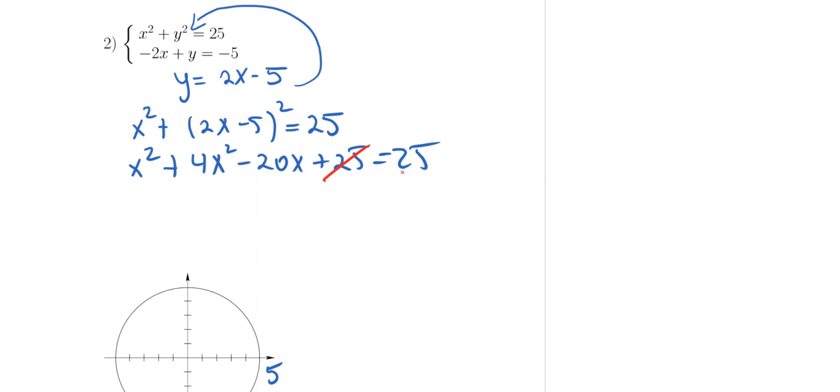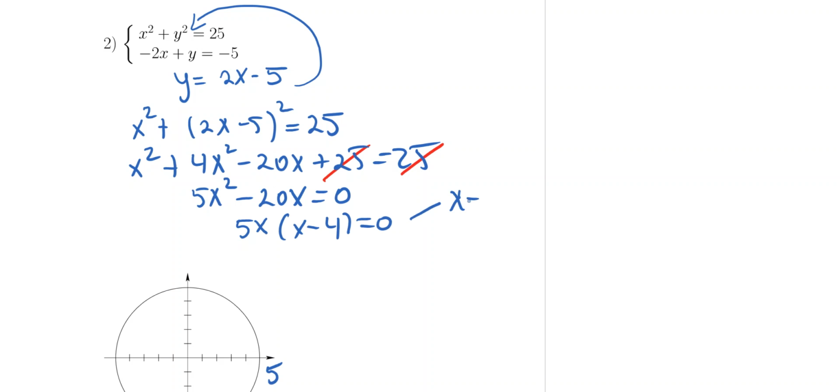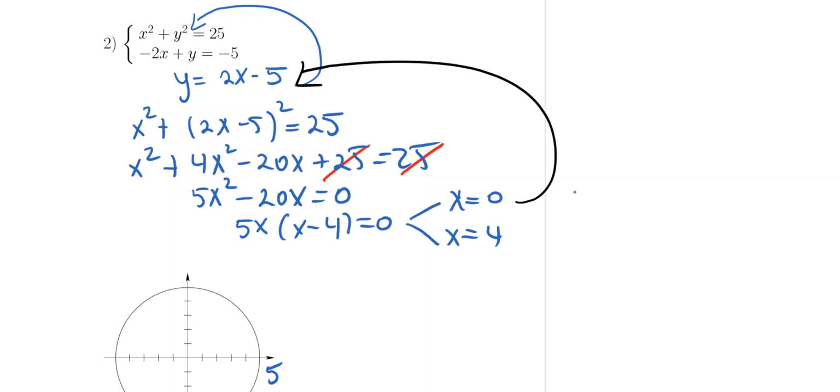The 25 goes away. x squared plus 4x squared gives me 5x squared minus 20x equals 0. And then if I factor this, I'll have 5x times x minus 4 equals 0, which gives me that x equals 0 and x equals 4.